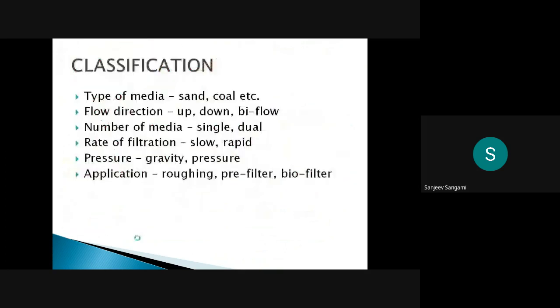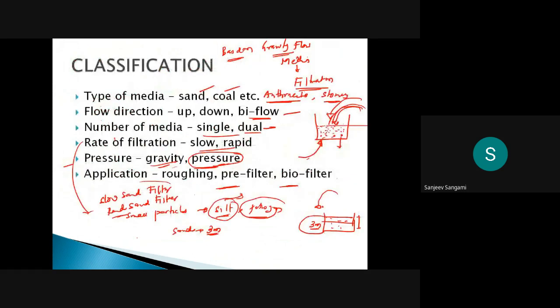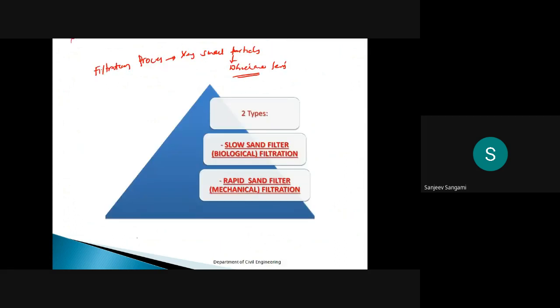Two types of classification we are doing: based on the rate of filtration, slow sand filter and rapid sand filter, and based on the pressure, gravity filter and pressure type of filter. In the slow sand filtration process, it is biological filtration because it is widely used to remove the pathogens.